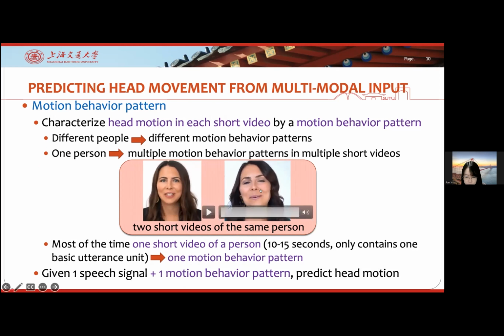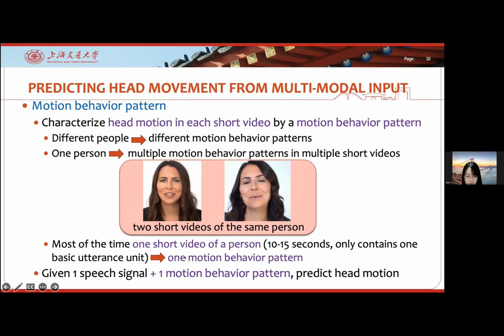The first short video of this person only has slight head motion. And the second short video of this person has a much larger head movement. So we think that even for one person, he or she can have multiple head motion behavior patterns in multiple short videos. And we think that a short video of 10 to 15 seconds only corresponds to one motion behavior pattern.